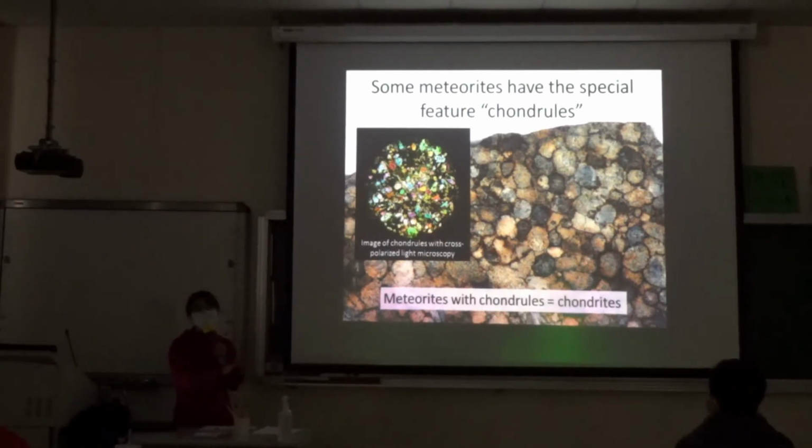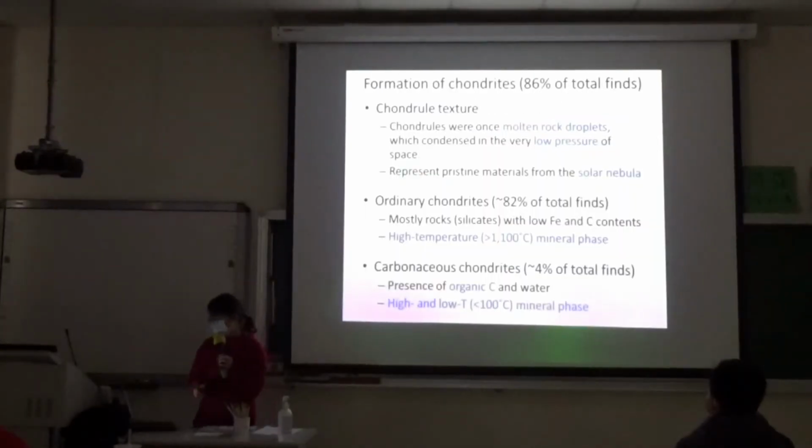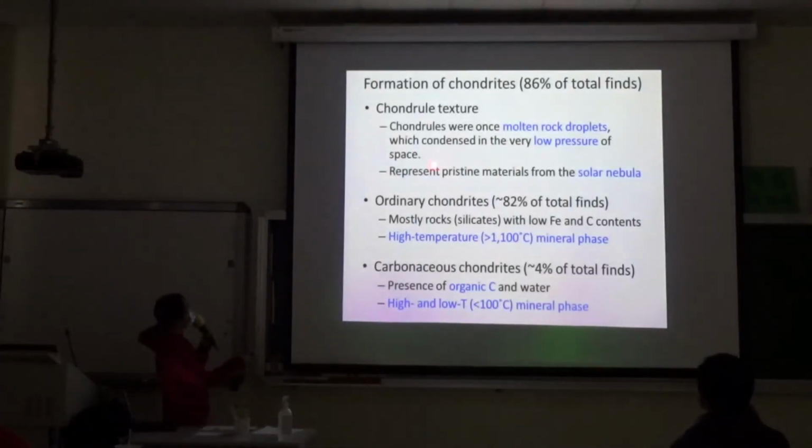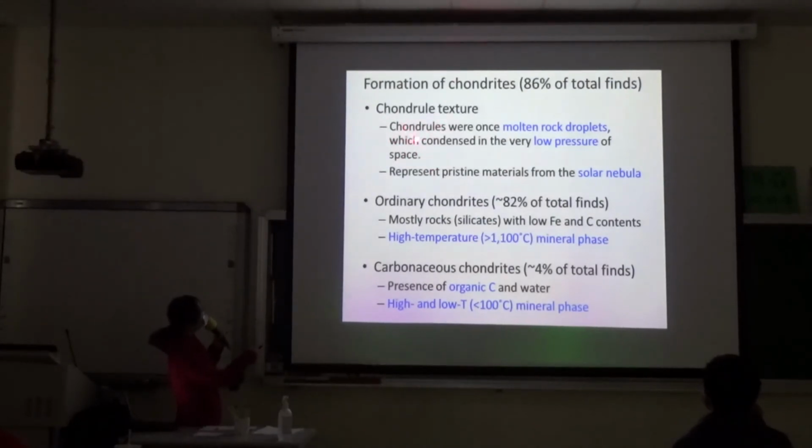You will never see this in any rock on Earth. The chondrules were once molten rock droplets, which condensed under the very low pressure of space, and represent pristine material from the solar nebula.